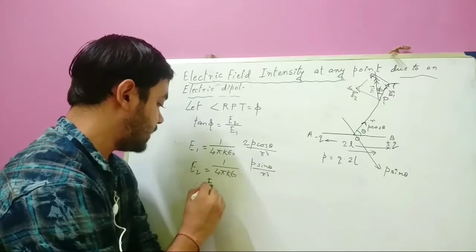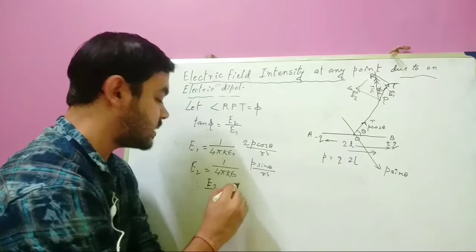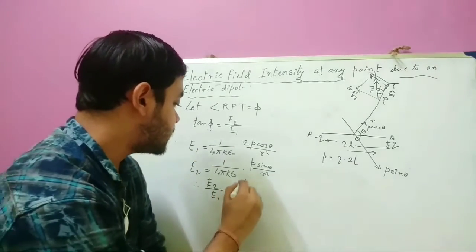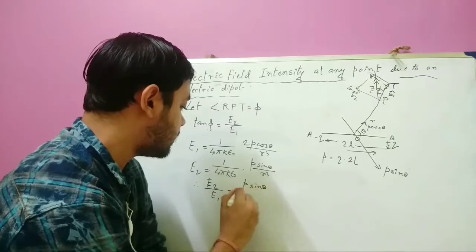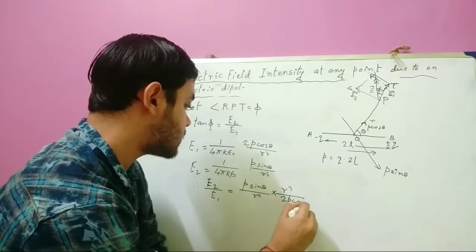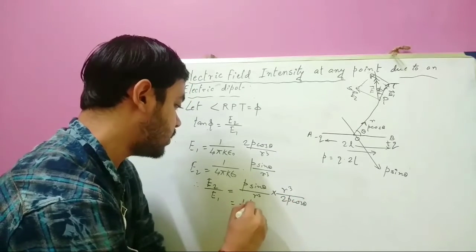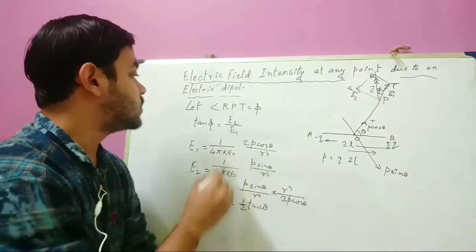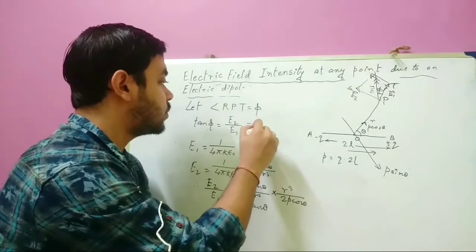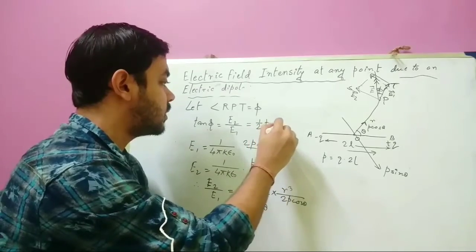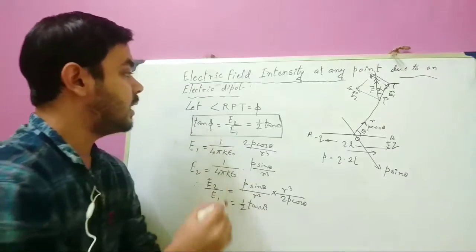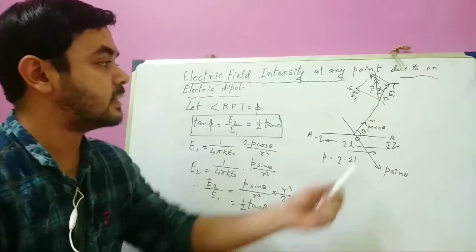Therefore, E2 by E1 is equal to p sin theta by r cube into r cube by 2p cos theta, so half into tan theta. So tan phi is equal to E2 by E1 is equal to half tan theta. This is the relation between E1 and E2 and the angles theta and phi.